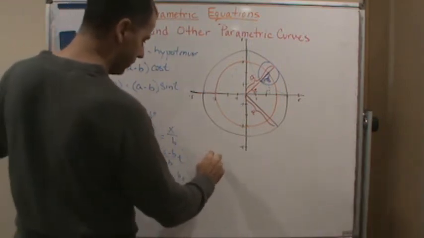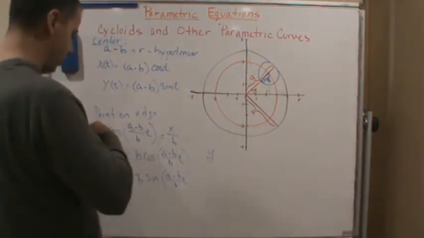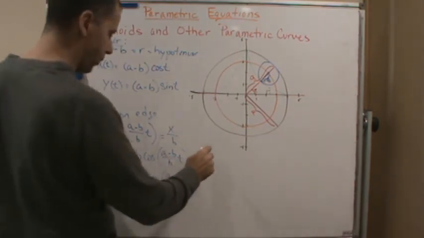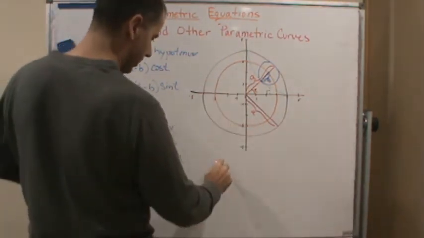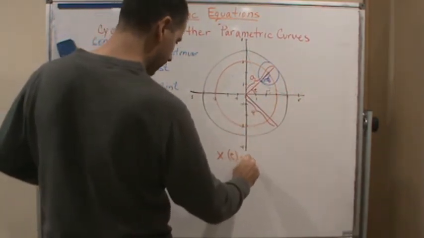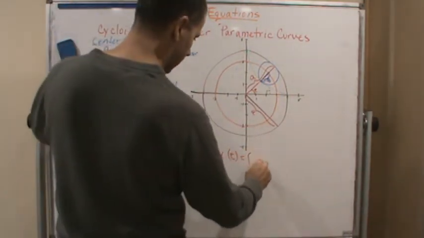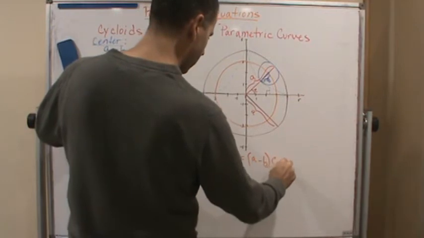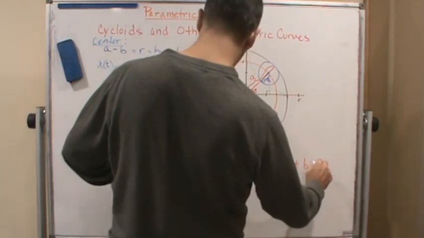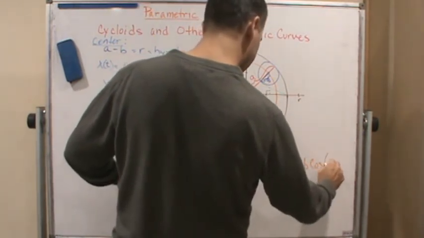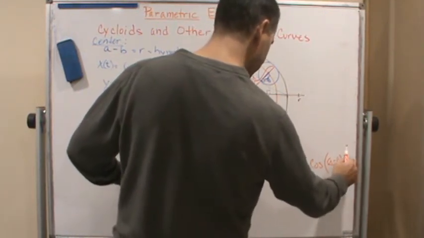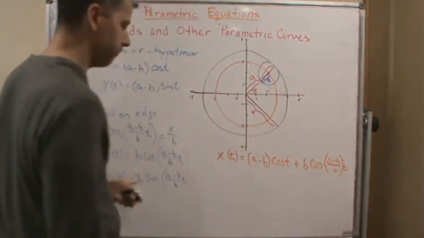So our final result for our parametric equations, let me do this in orange. To represent this situation, we would have x of t is equal to a minus b cosine t plus b times cosine of a minus b over b, oops, not I, t, okay?